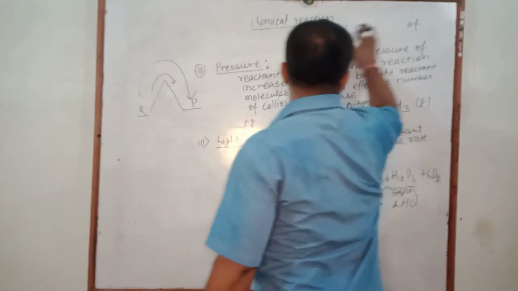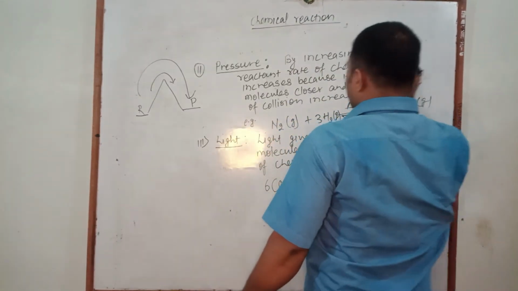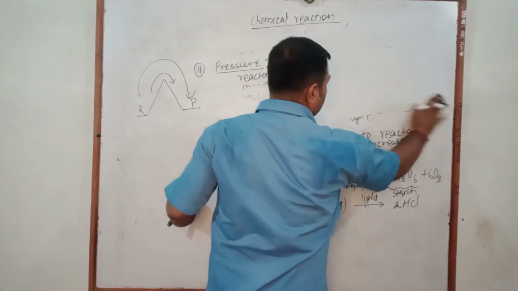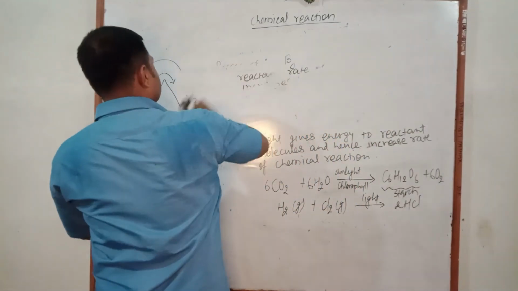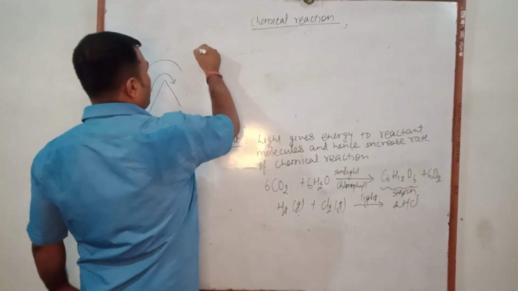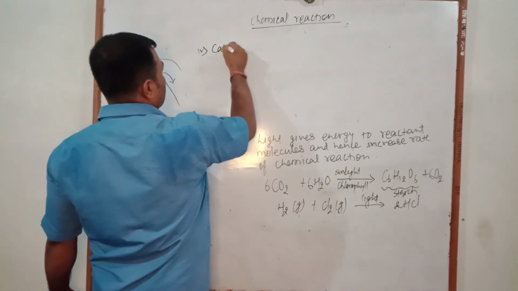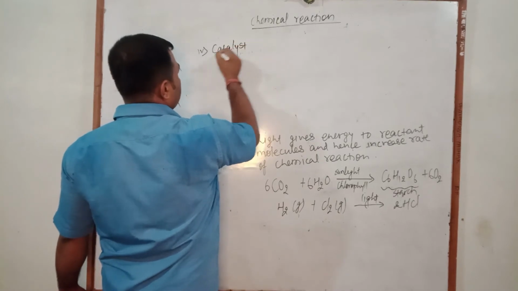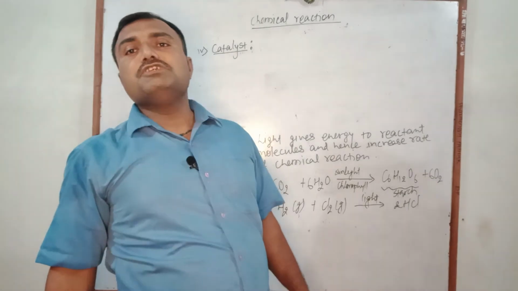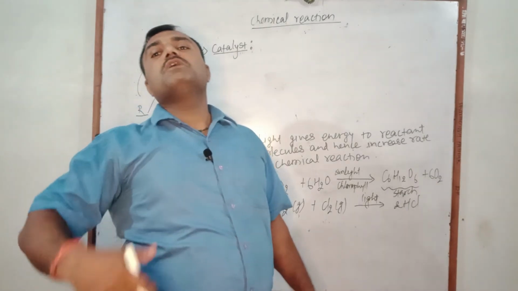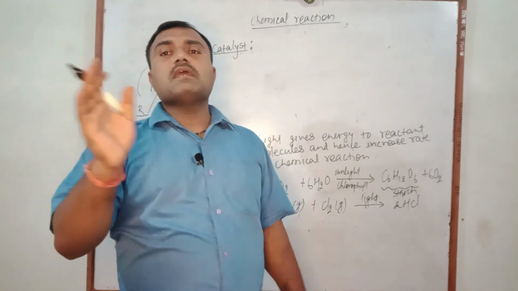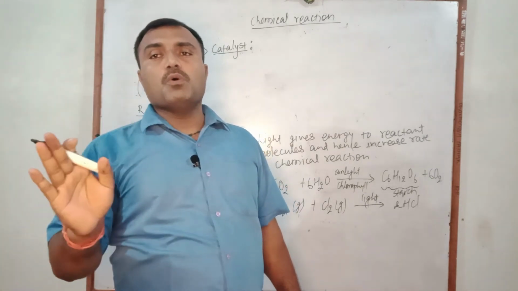Another factor which increases the rate of chemical reaction is the catalyst, the fourth factor. Some chemical substances are used to change the rate of chemical reaction. When a chemical reaction is slow and we add a catalyst, its rate increases.